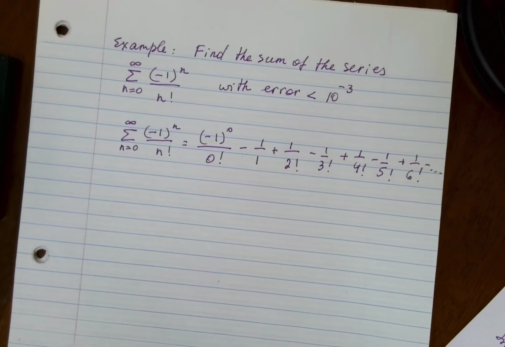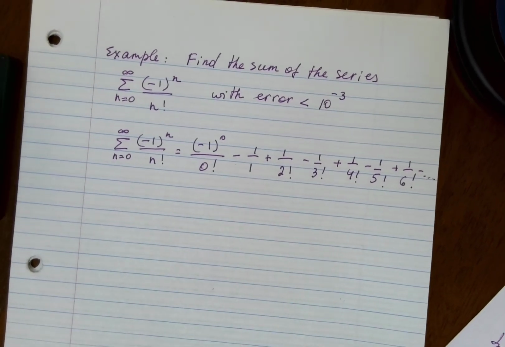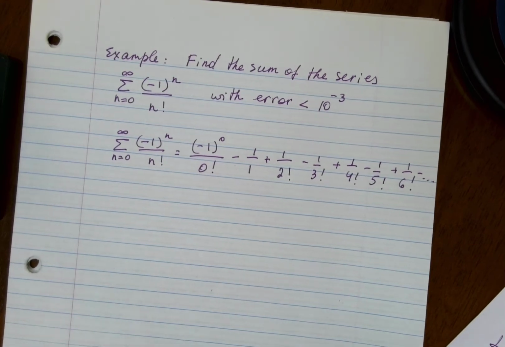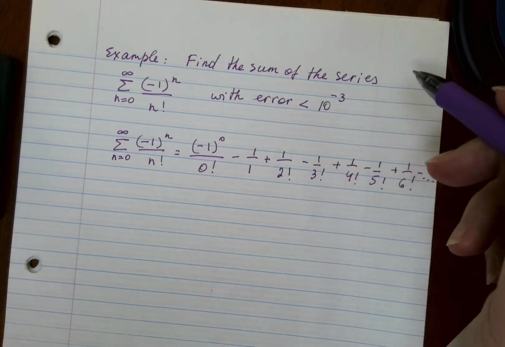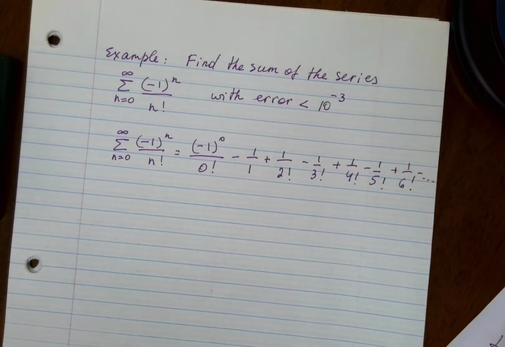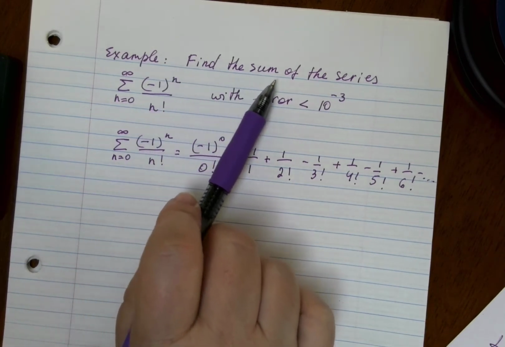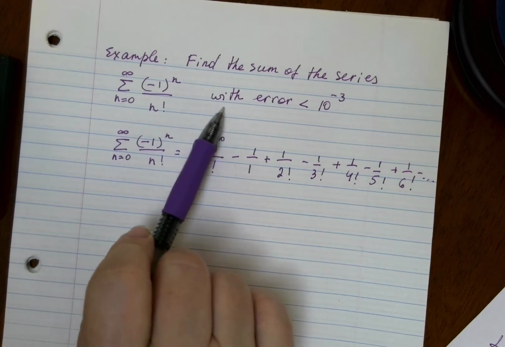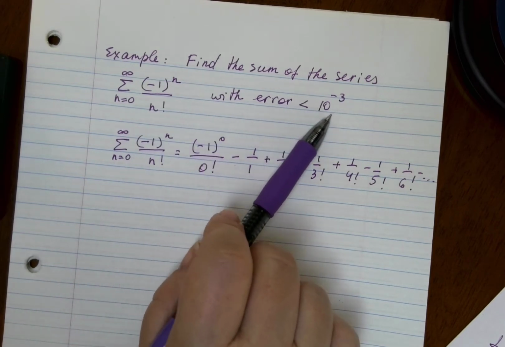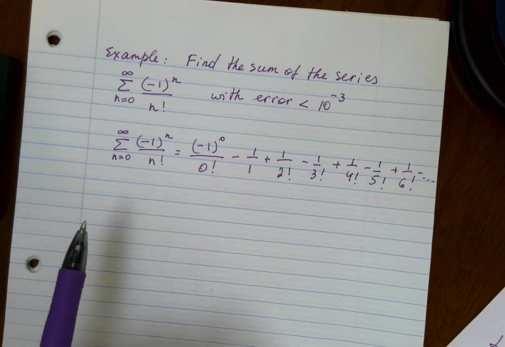I will do it first differently than it's done in the book, because in the book they use some confusing and strictly incorrect ideas, and I will show you how it will be presented to you on the exam. Okay, so example: find the sum of the alternating series with an error that has to be less than 10 to the minus third.